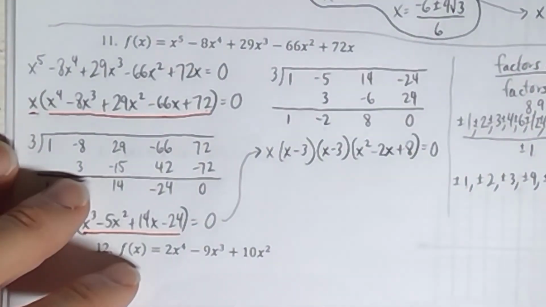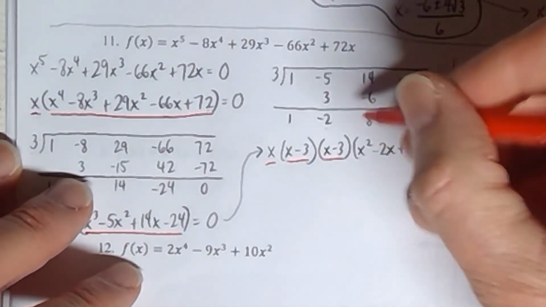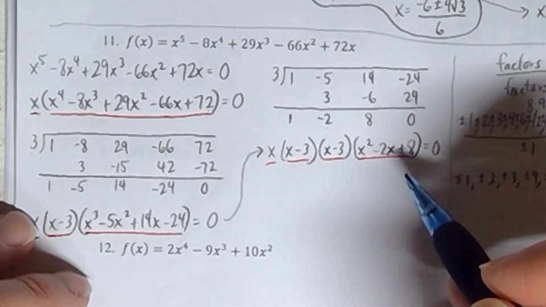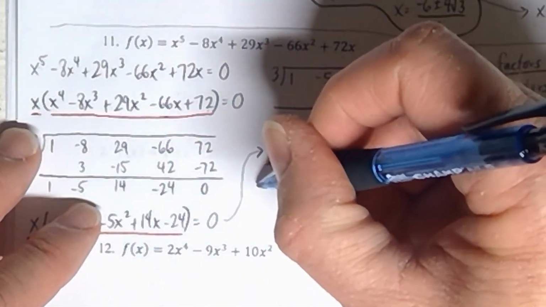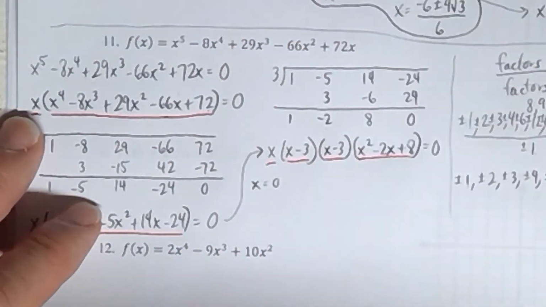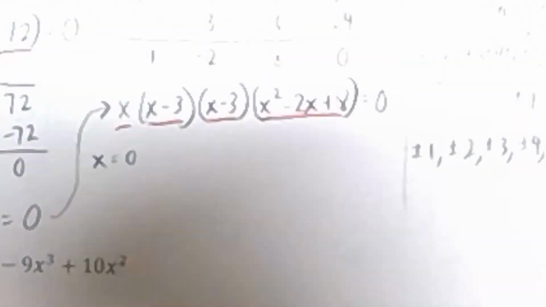Now that we have broken it down to 3 linear factors and a quadratic, we can now, and not before that, but now that we have all linear or quadratic factors, set everything equal to 0.